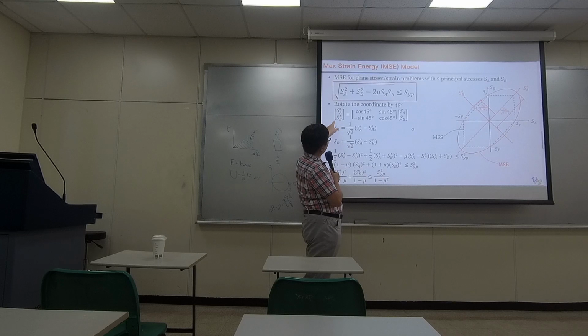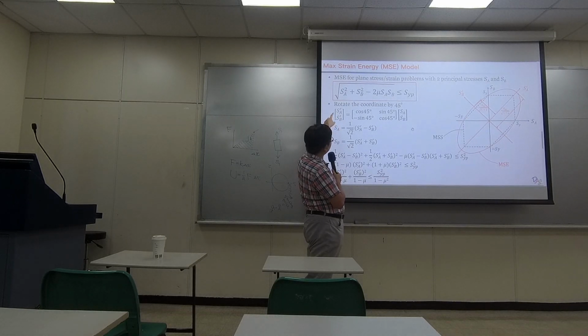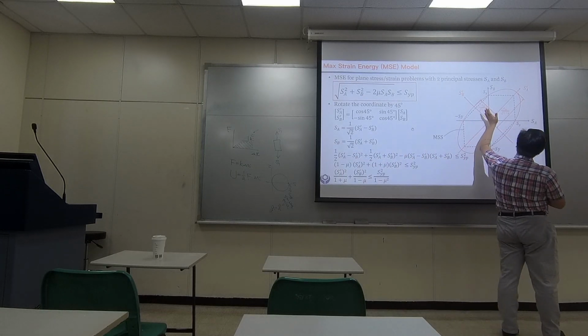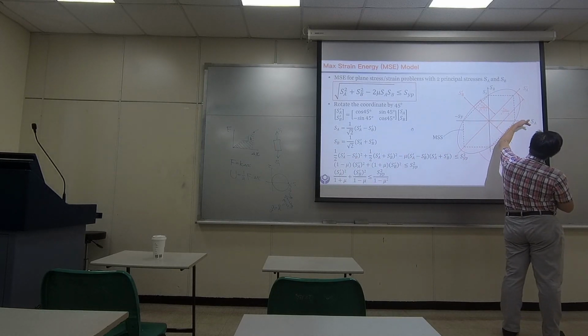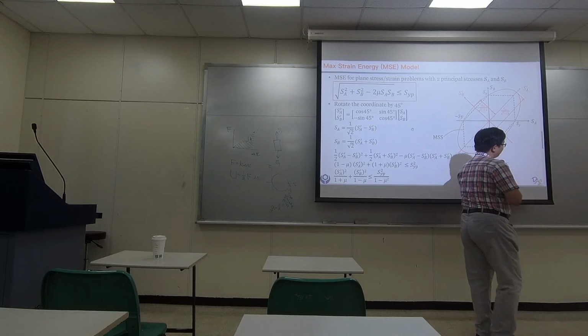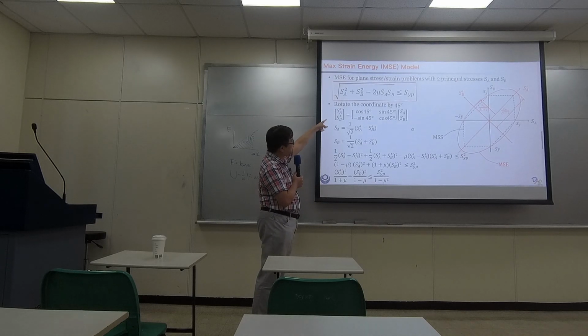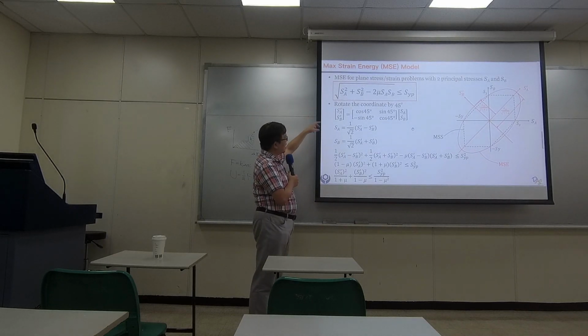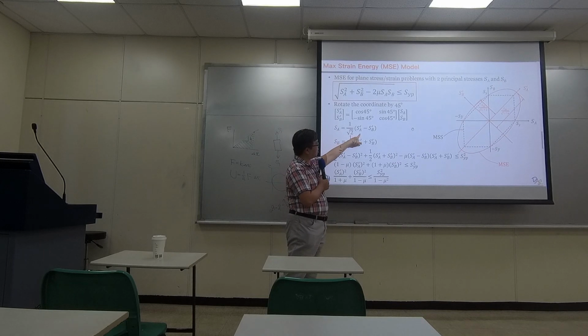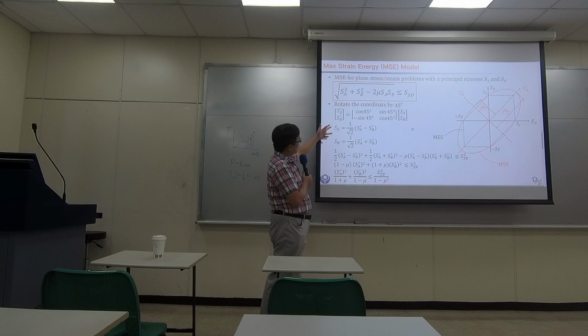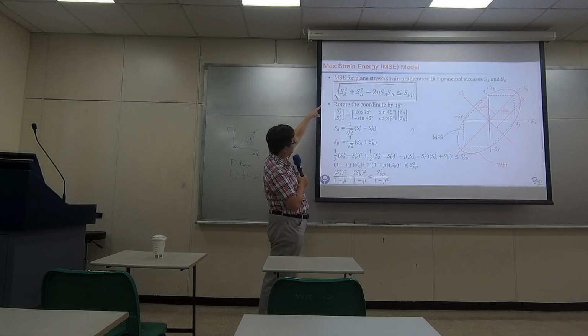So I define a different coordinate that is SA prime and SB prime. SA prime and SB prime is the coordinate that is rotated 45 degrees from the original coordinate. By doing so, I can derive how SA and SB are related to SA prime and SB prime. So all I did was just plugging in. So from here, I plug into the equation above and did some math.